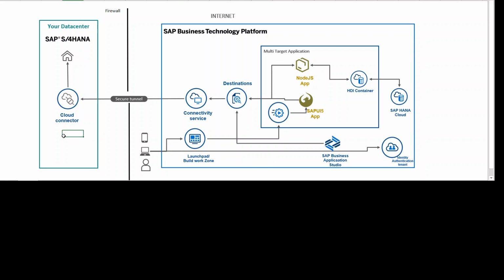Now in a scenario we want to communicate from S/4 to BTP. We don't want to have an open service. How do we protect SAP BTP and also have the communication from within our data centers to BTP? We're going to see that example with Event Mesh.